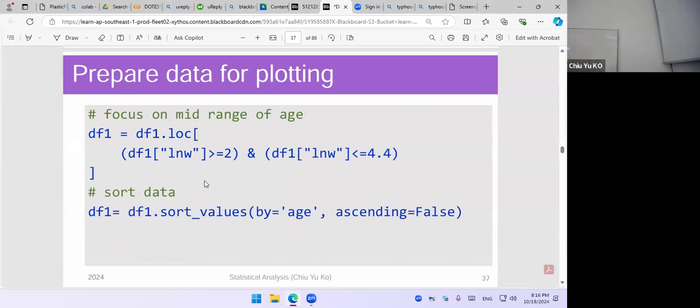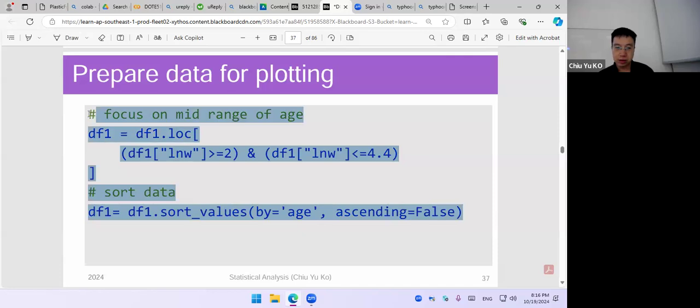Now we want to plot the graph we have here, but as the book would suggest, to make the graph nicer, we only keep the data where the log wage is more than 2, not too low and not too high. Keep the mid-level of the wages. And I sort the data based on age, because we are plotting things based on age.